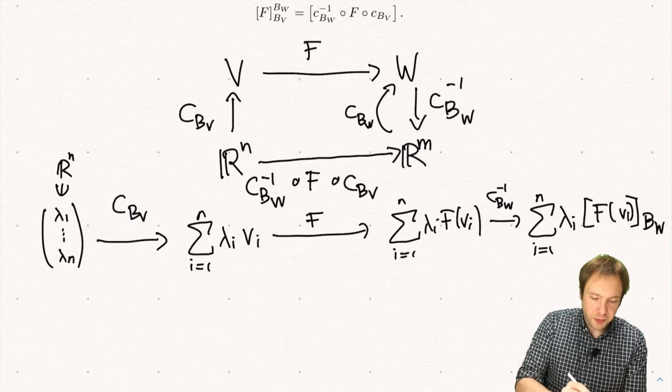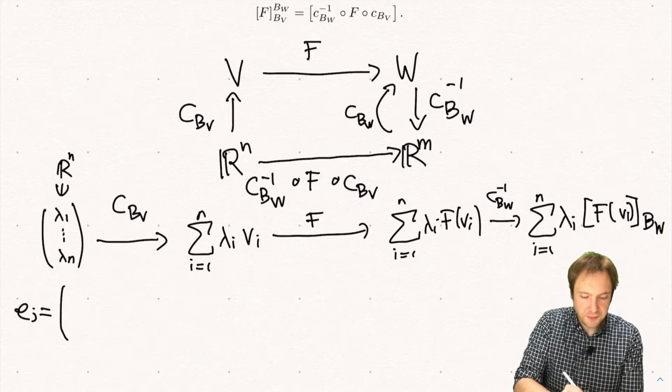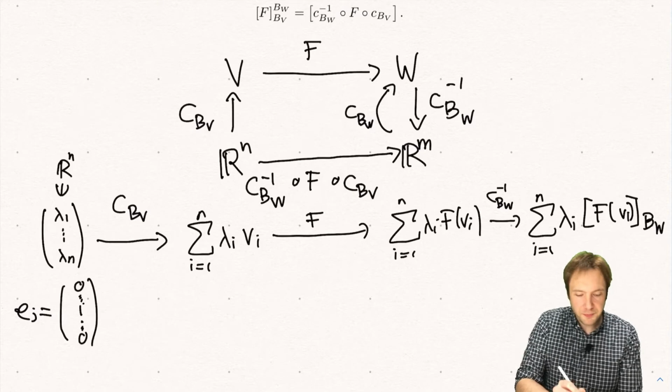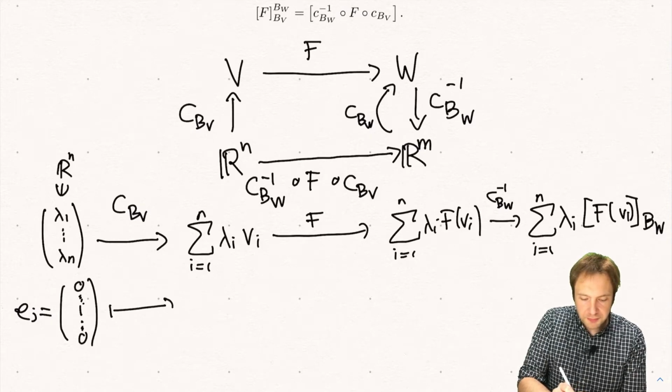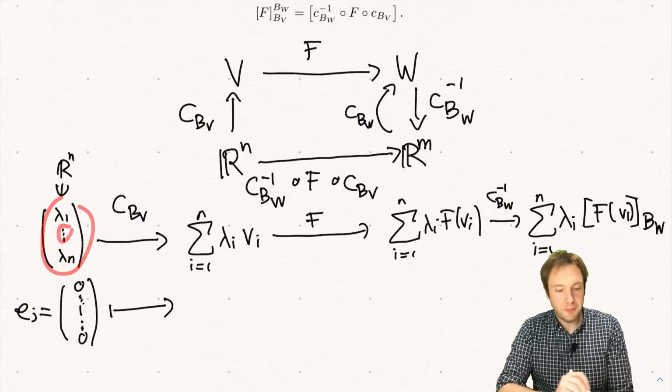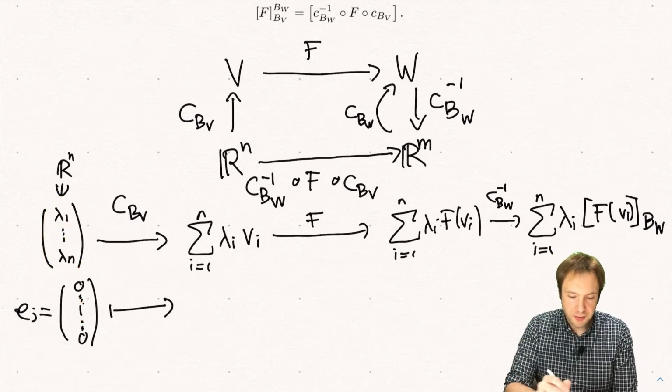More precisely, what happens if I start with some ej? ej is a vector which has zeros, and at some point there's a 1 at the j-th position. So this gets mapped to, well, everything is 0 except for lambda j, which is 1.